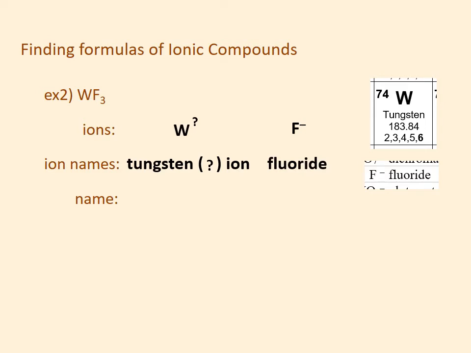Since I have 3 Fs and each has a -1 charge, that means my back end charge equals -3. So that means my front end charge must equal +3. So in this case, tungsten is taking a +3 charge. The Roman numeral I need is 3, and the name of WF3 is then tungsten 3 fluoride.